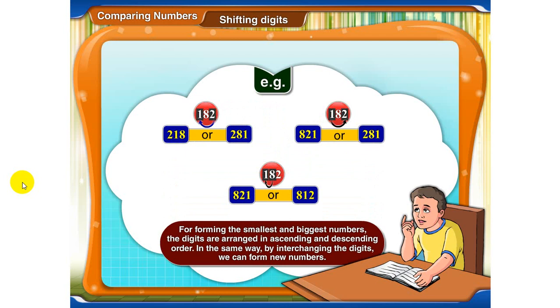For forming the smallest and biggest numbers, the digits are arranged in ascending and descending order. In the same way, by interchanging the digits, we can form new numbers.